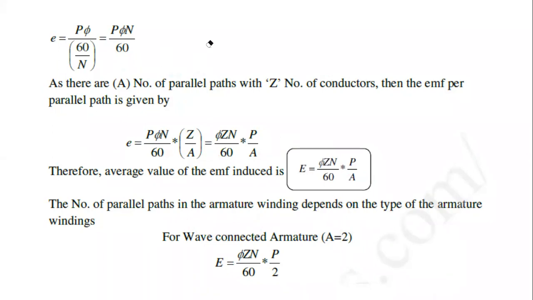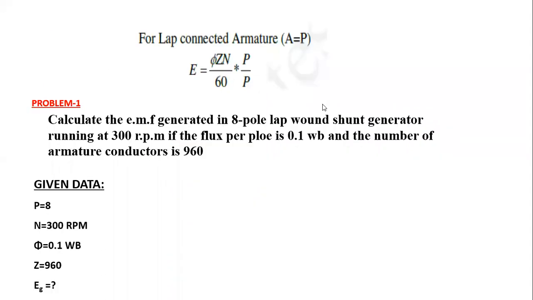So for lap connection, A is equal to P. Then substitute: Eg equals pi Z n by 60 into P by P. The P's get cancelled, and we obtain Eg equal to pi Z n by 60.